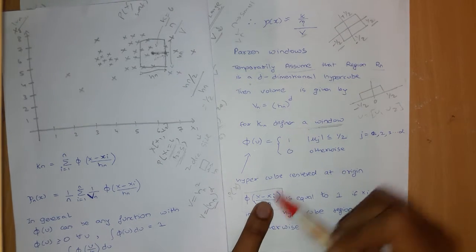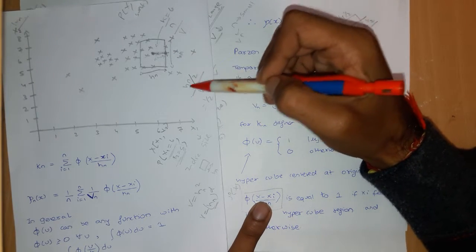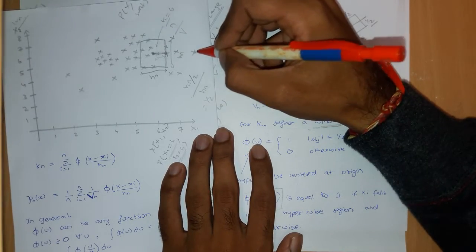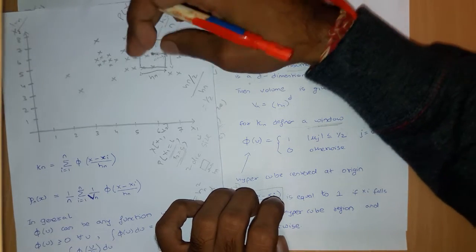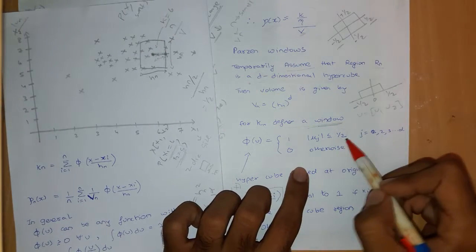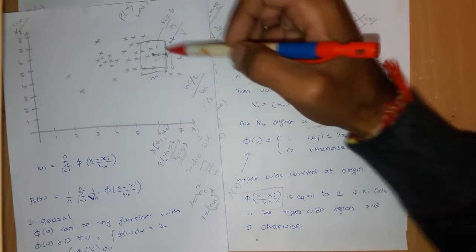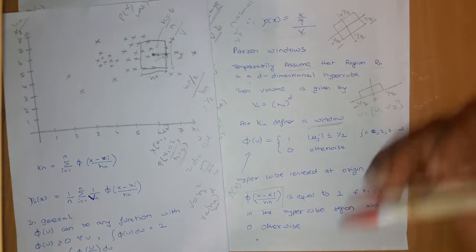If xi is outside this, this will definitely be greater than this. So for a sample like this, this distance x minus xi will be large as compared to hn. So that will go out of the boundary, and it will give you the answer 0. So mathematically, what we discussed a few minutes ago is done over here.